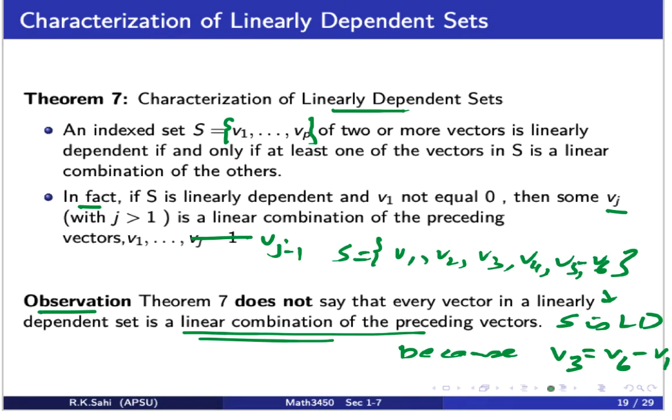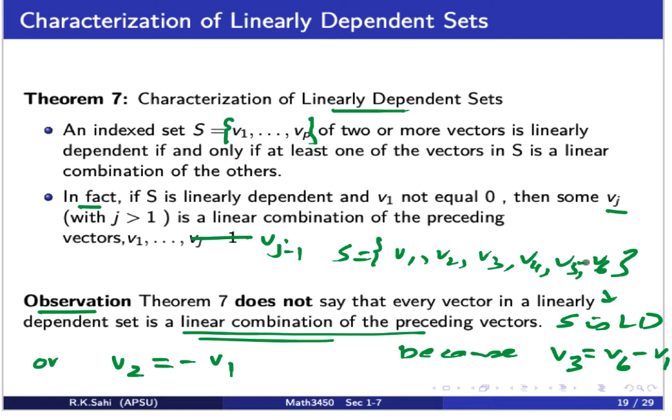Clearly, I could find v3 written as a linear combination of v1 and v6. I'm done. I don't have to worry about the rest. It has no relationship with v4, v5, or v2. Or I could also say, hey, I find that v2 can be written as minus v1. Done. Even if just two vectors have some kind of relationship, that's a done deal for a linear dependence relationship.